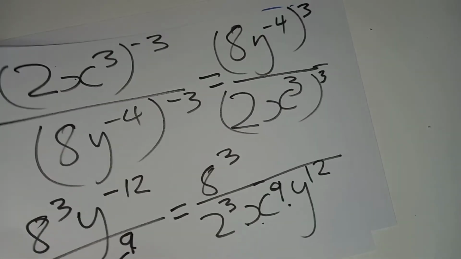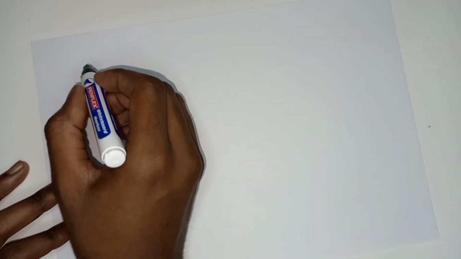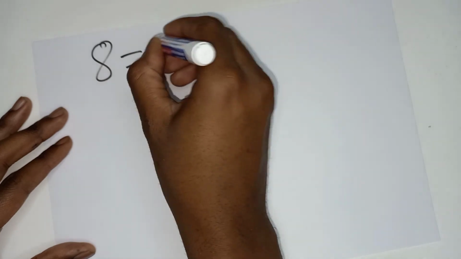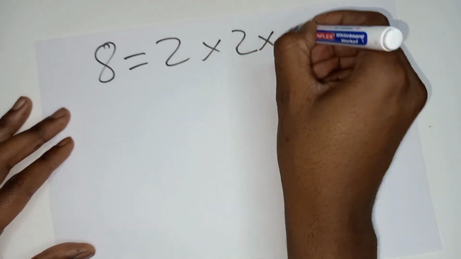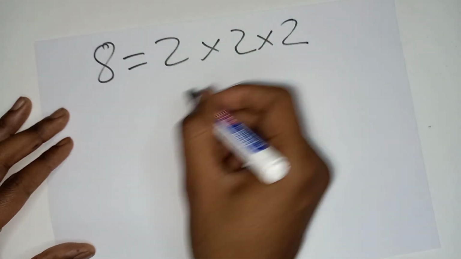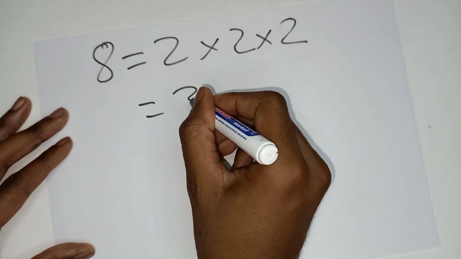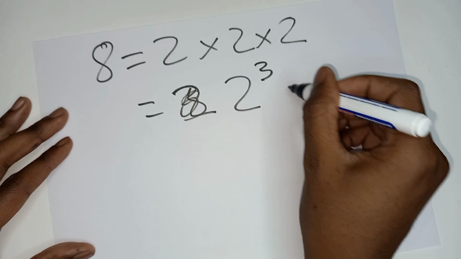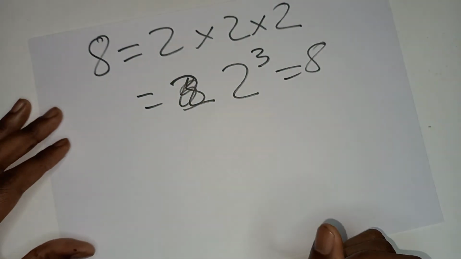So now let's look at it. 8 is actually 2 multiplied by itself 3 times, right? So 8 is equal to 2 times 2 times 2, which means 2 to the exponent of 3 is equal to 8, right?